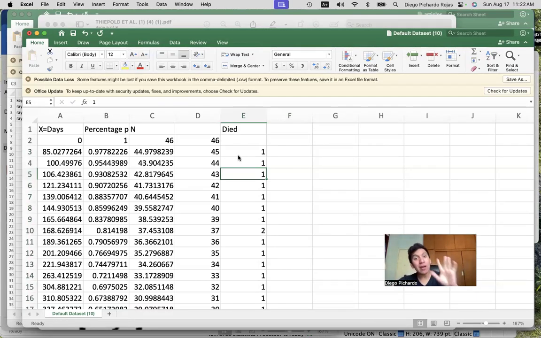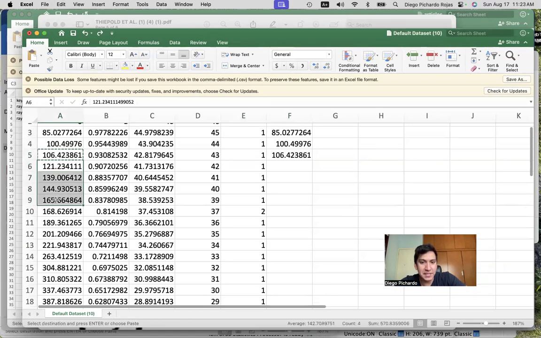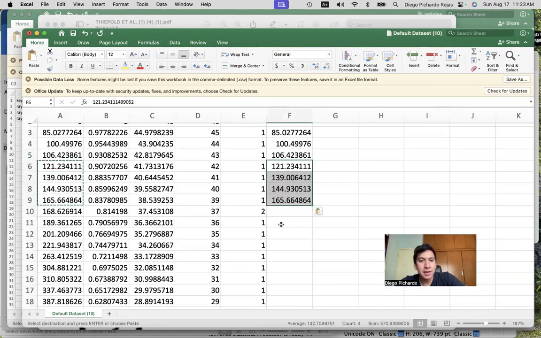So what we're going to do, in the last part of this class, is this: here, 1 patient died. Over here, 1 patient died. In theory, we can take all of the days that 1 patient died and just copy paste them. But notice over here, this is different.